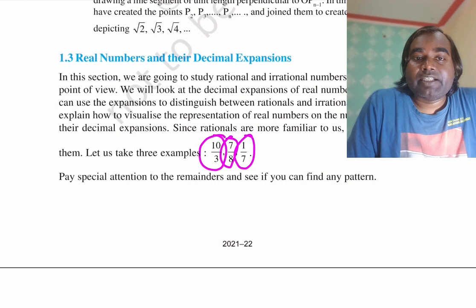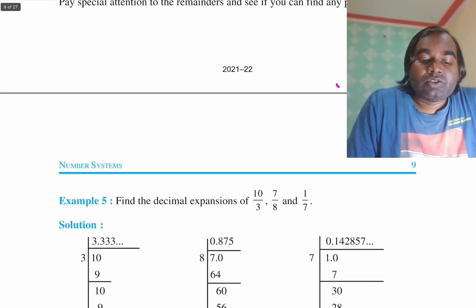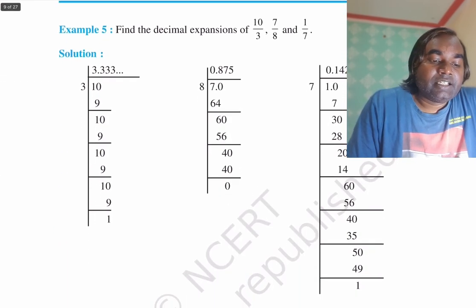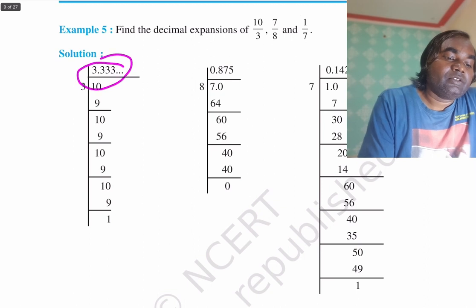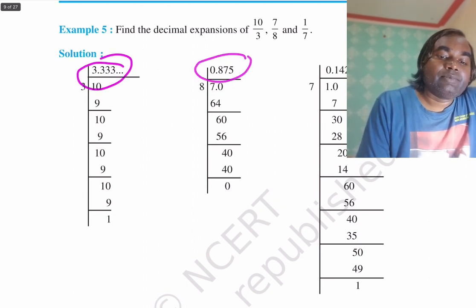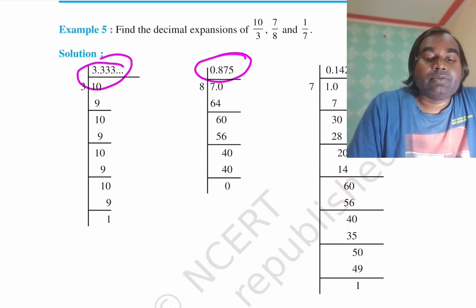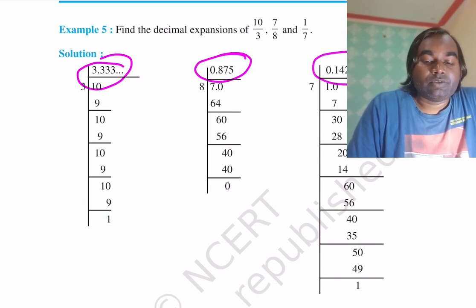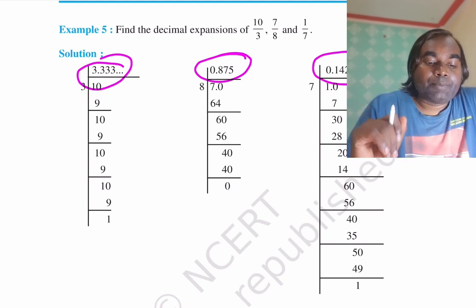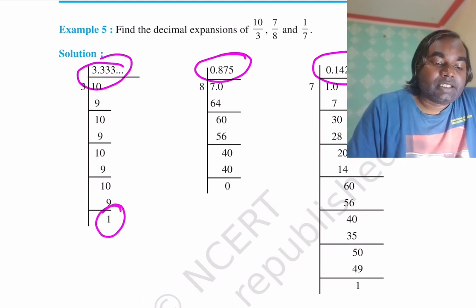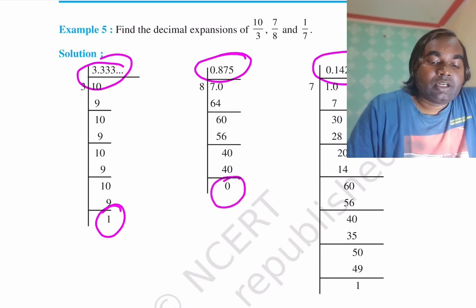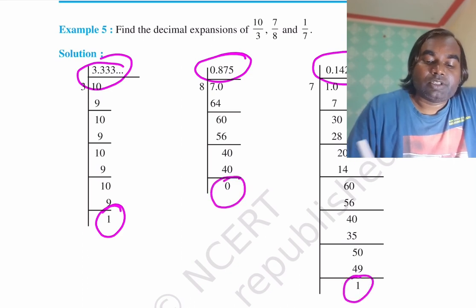So let us divide 10 by 3. By dividing we get this value, and 7 by 8 gives 0.875, and 1 by 7 gives this value. In these examples we see that the remainder either becomes 0 or repeats.